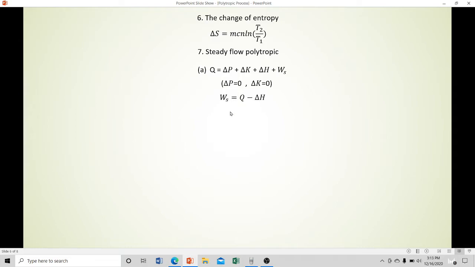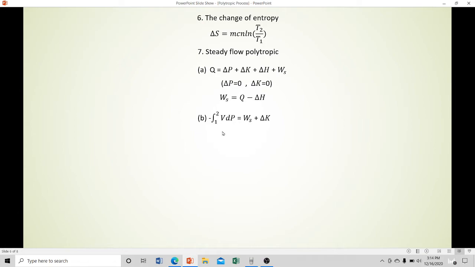So we are left with Q equals change of H plus work steady flow. Also, your work non-flow becomes zero. So the equation is work steady flow is equal to Q minus change of H. Okay?